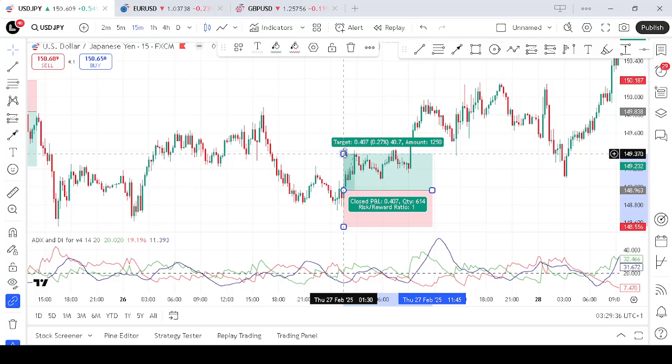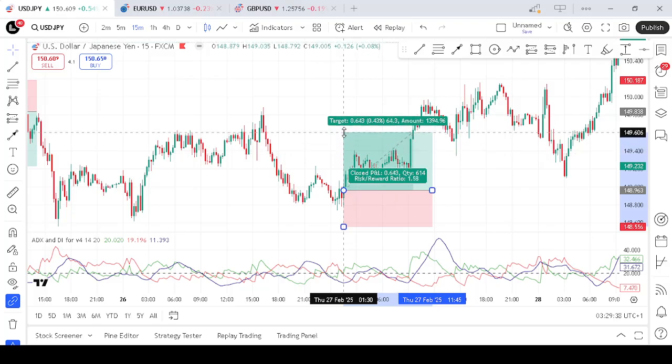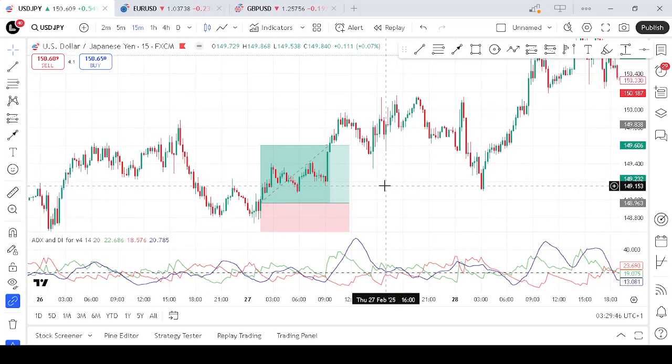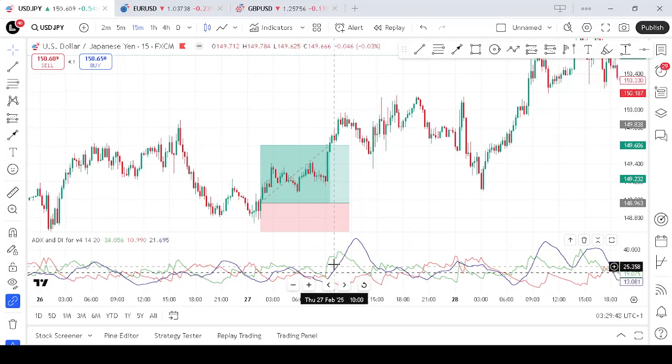How do we exit our trade? For a long position, when the negative DI line crosses back above the positive DI line, this indicates sellers are gaining control. Where we exit our trade is when the negative DI line crosses above the positive DI line.